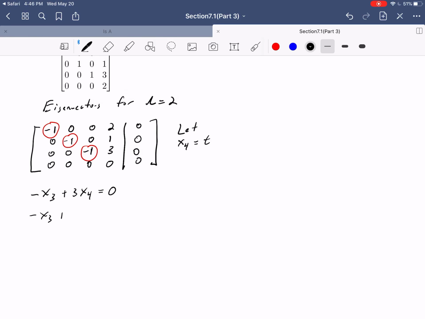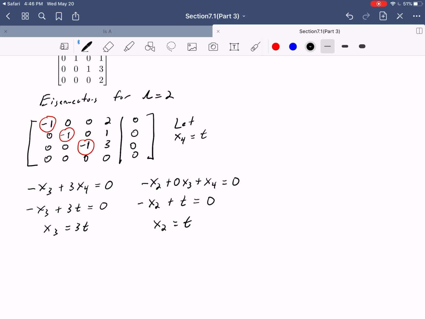So negative x3 plus 3t is 0, and x3 is 3t. Then this equation tells us that negative x2 plus 0x3 plus x4 is 0, so negative x2 plus t is 0, and x2 is t.